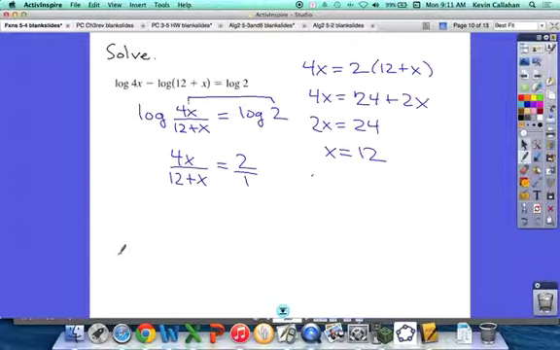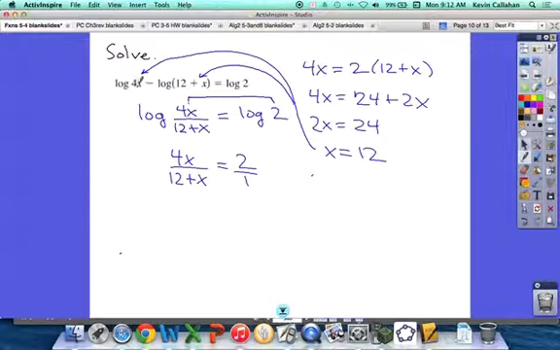Right. This is exactly the kind of situation there. You got to take that last step too. Then what did I say was the last step for logarithms that you don't have to do for exponentials? Yeah, check for extraneous. Make sure that this 12, when you put it in here, there, and there, that it would not lead to the logarithm of a negative number or 0.